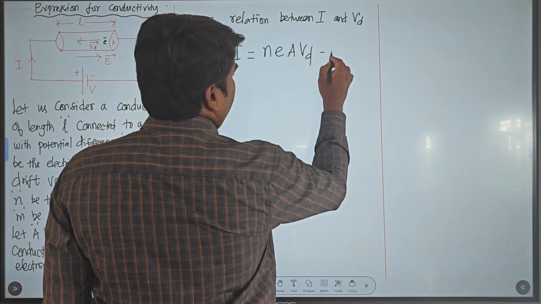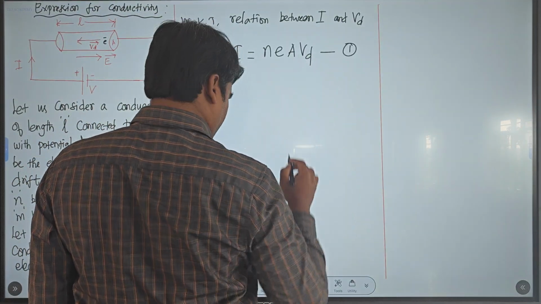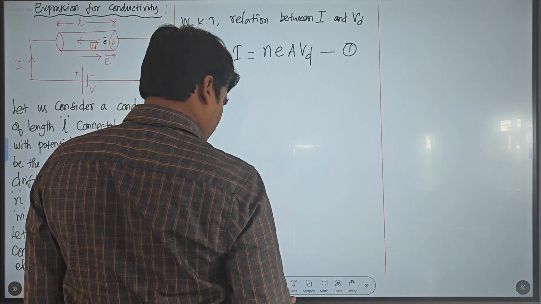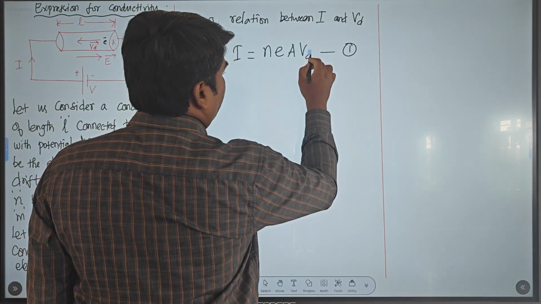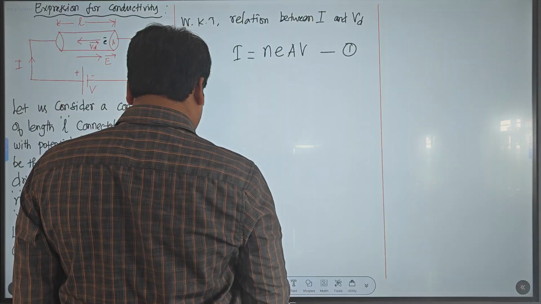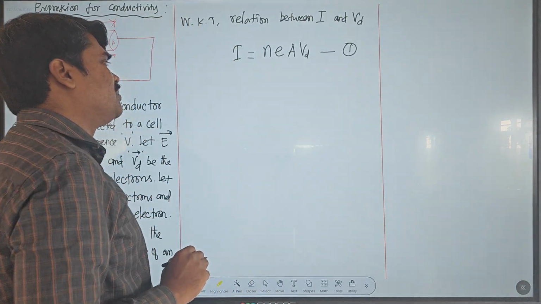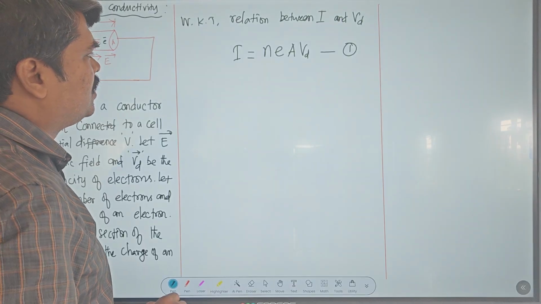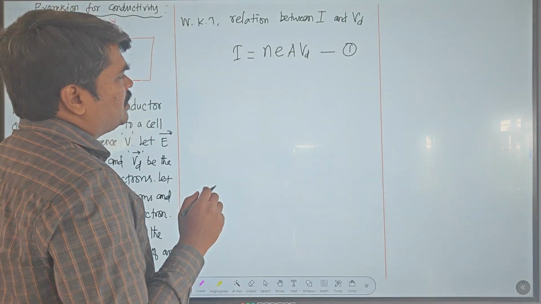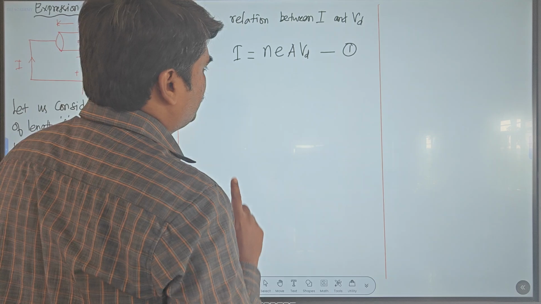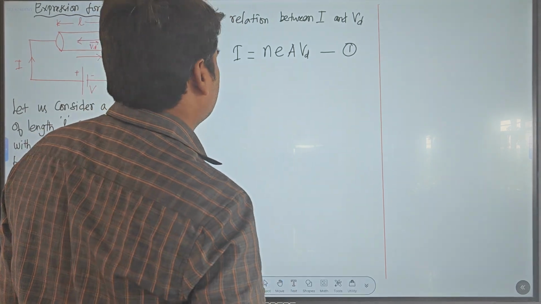Now we will take this as equation 1. The d should be like a subscript. It should not be like an individual letter. So always it is better to write it a little small so that it becomes like a subscript. Now next, in this expression, let us substitute the expression for drift velocity.